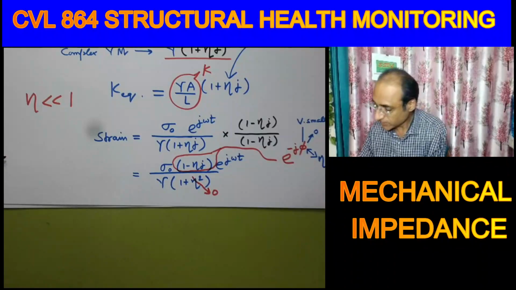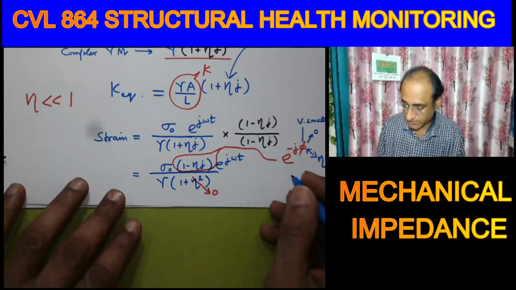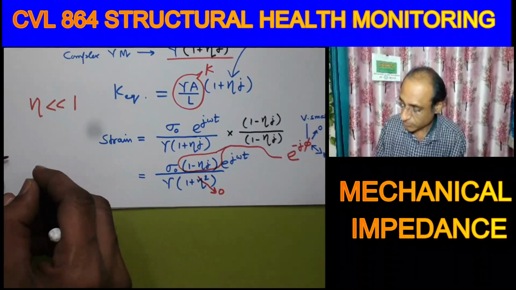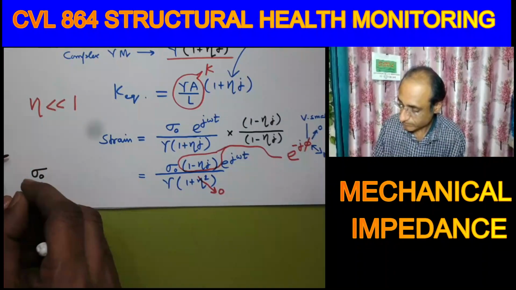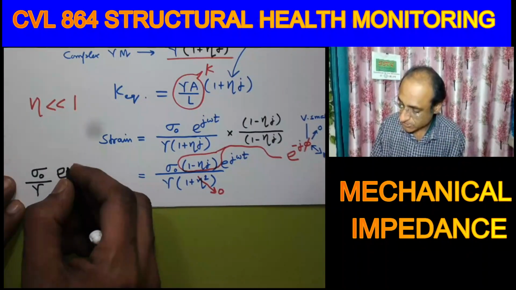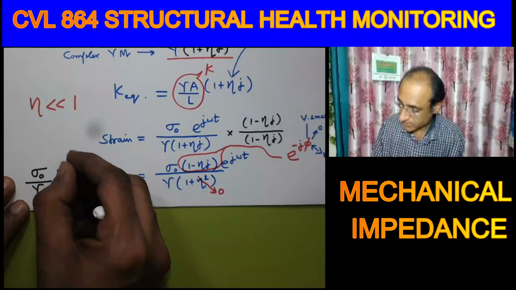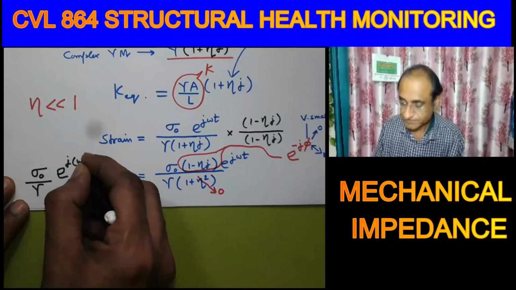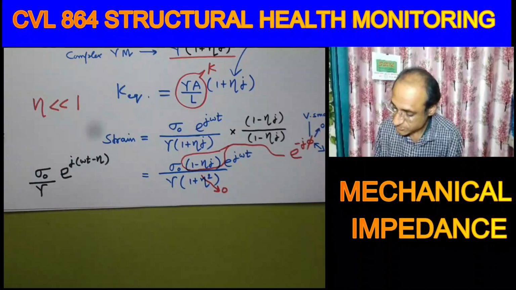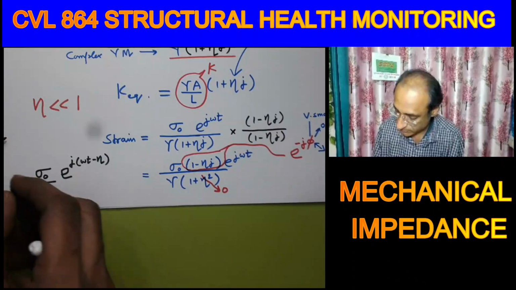Alright, so we can write this as ε₀/Y e^(j(ωt − η)). That will be the solution for the strain ε.